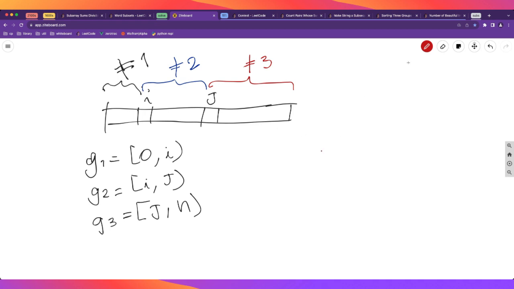We can have essentially 3 prefix arrays. So we have prefix array k with k between 1 and 3, or well, maybe it's easier to have it 0-based, but it's the same thing.